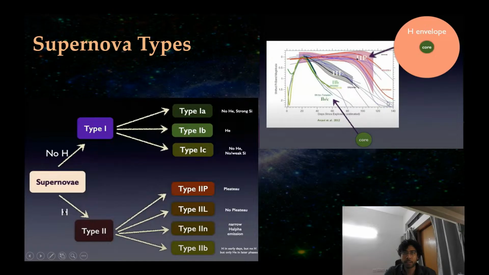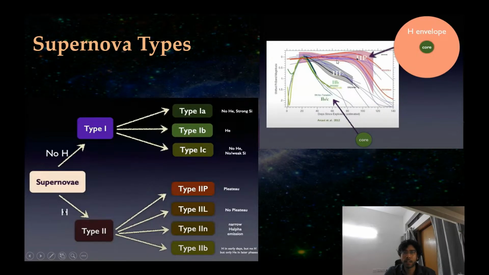Let's look at this image first, and then maybe I'll explain what these are. When a star explodes, it releases huge energy into the envelope, and we see that energy mostly in optical, right? It deposits the energy, and most of it is radiated in the very first few days.